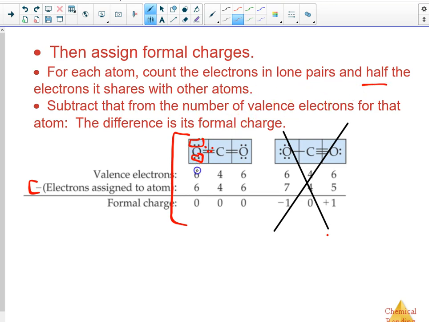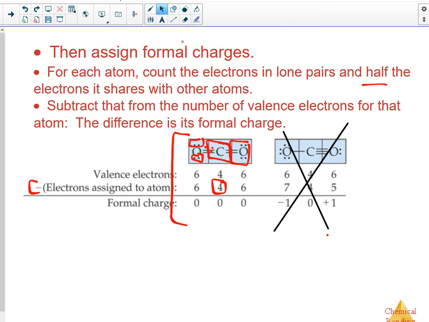So I have 6 valence electrons in oxygen, and here I have 6 that are assigned to it. Carbon is sharing all 8, so I take the 8 and divide it by 2, and that's where I got this 4. And then this half is the exact same as that half, so there's a 6.